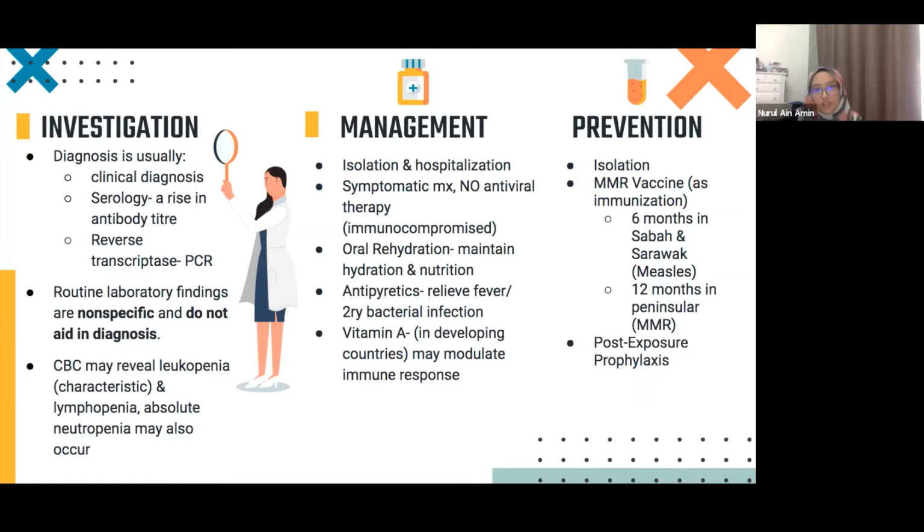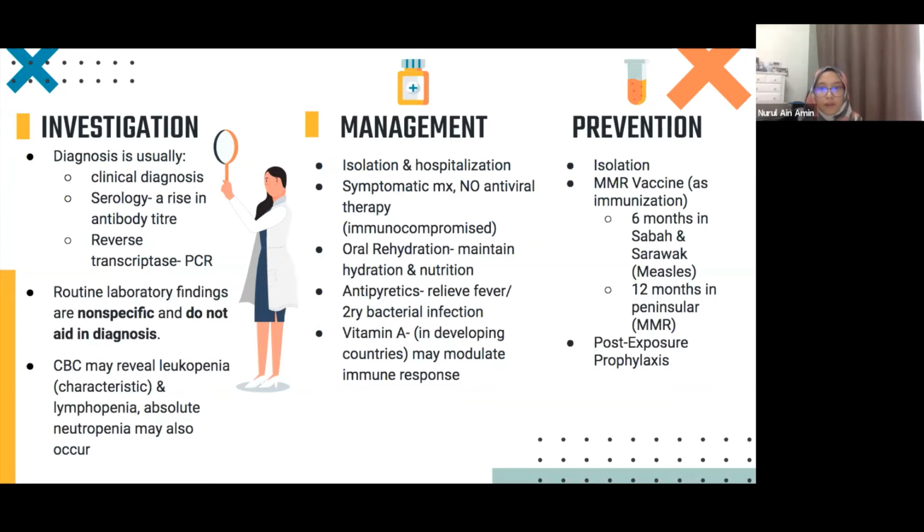And then for the management, isolation and hospitalization is very important because it is contagious. Mostly it's symptomatic treatment with no antiviral therapy unless the person is immunocompromised. So we have oral rehydration to maintain hydration and nutrition.